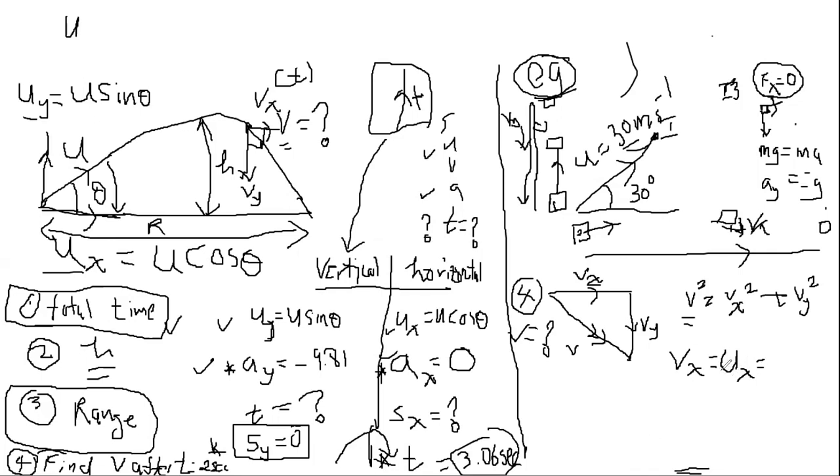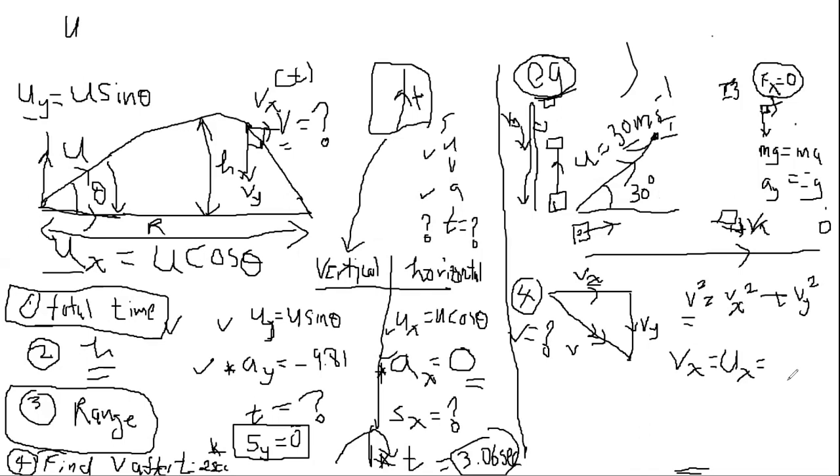Because the horizontal acceleration Ax is 0, so the horizontal camera does not accelerate. Vx is always the same as Ux. It never speeds up; it always moves with a constant velocity. In this case, Ux is how much? Ux is 30 cos 30.